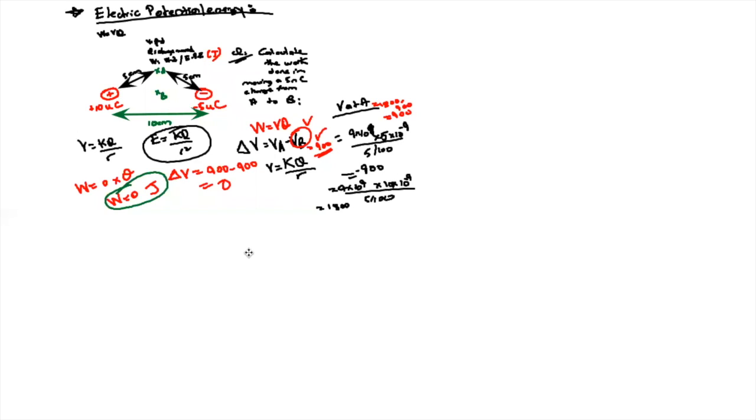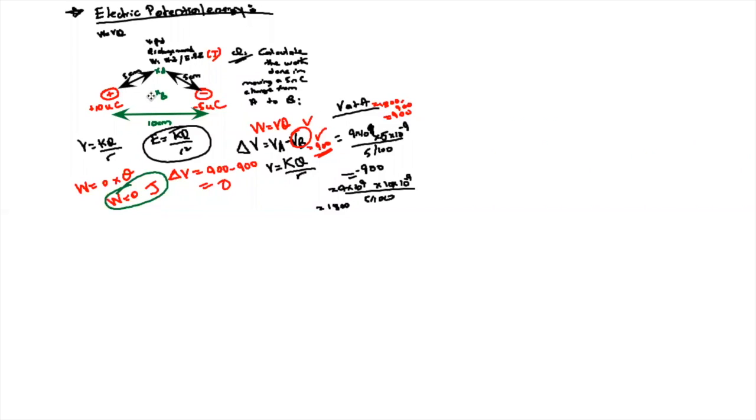What is 1800? Gina, this 1800, look, when finding the potentials at A and B, we have two charges, right? So this is V at A due to the positive charge, and this is V at A due to the negative charge. So when I subtract them, I end up with 900. You would do the same thing for B, and you would end up with 900 as well, right?